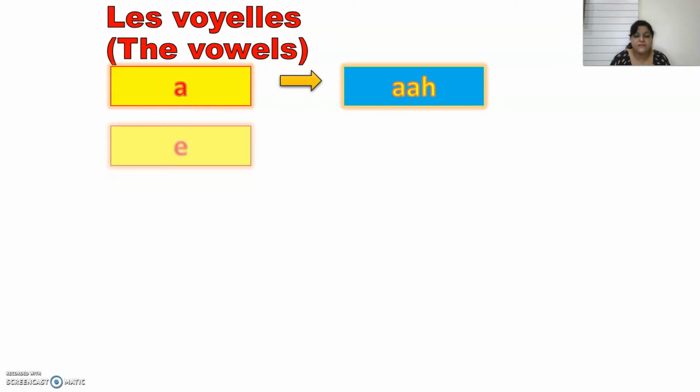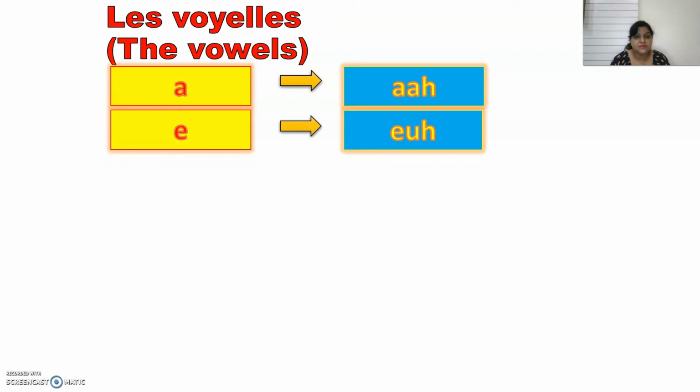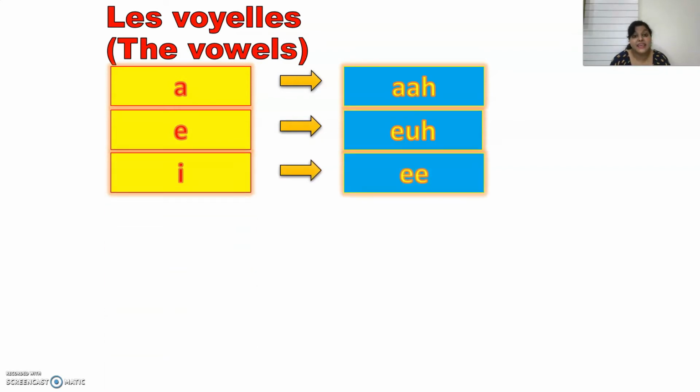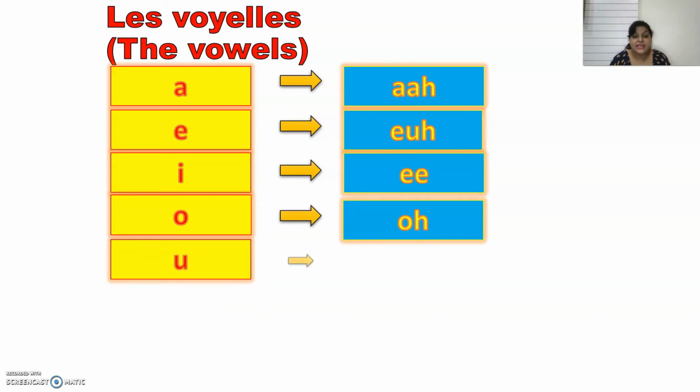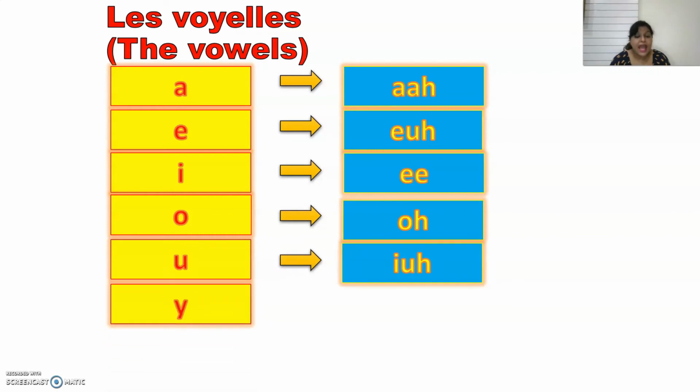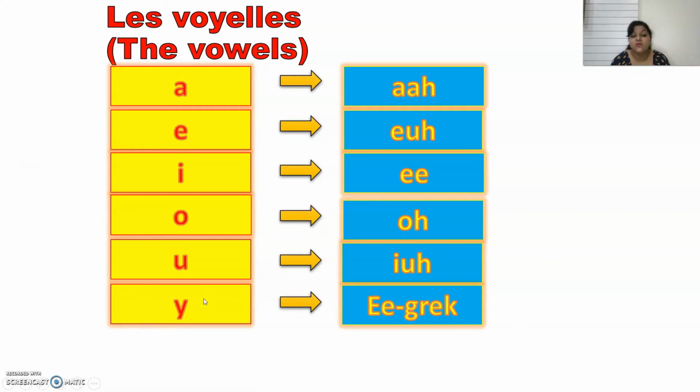The second vowel, E. Third one, I. Fourth one, O. Fifth one, U. And one of the very important vowels, that is Y. Yes, Y is also a vowel in French.